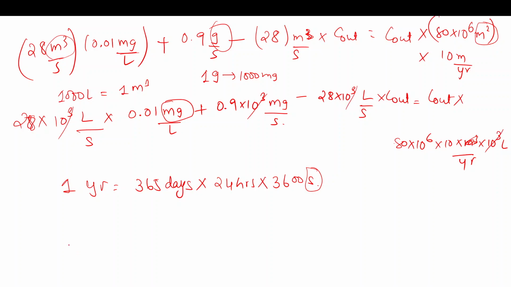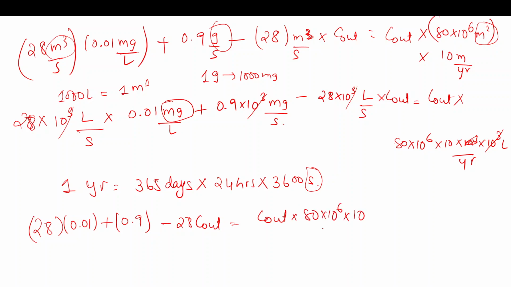What remains is 28 into 0.01, plus 0.9, minus 28 C out, equals C out into 80 into 10 to the power 6 into 10 divided by 365 into 24 into 3600. Please calculate this to find out C out.